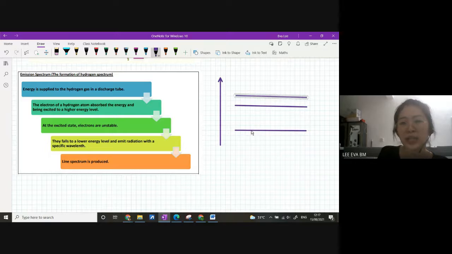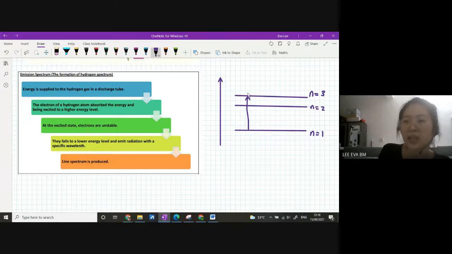So mungkin dia dari bawah, dia nak pergi kepada higher energy level. Okay, and then at this higher energy level, it becomes unstable. So at the excited state, electrons are unstable. Then it will fall down to a lower energy level. So kalau dia excited sampai n equals to 3, let's say. Dekat sini madam show 3 energy level saja.